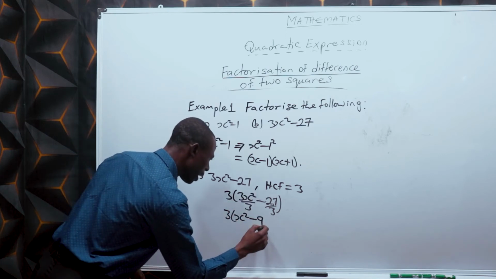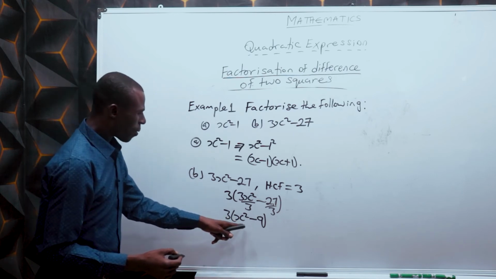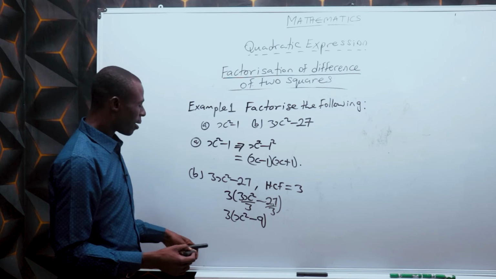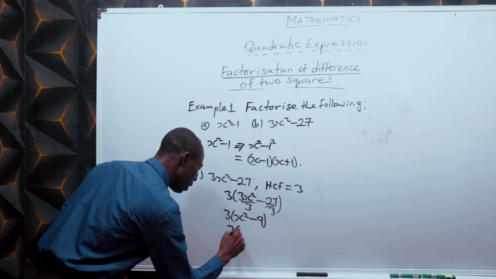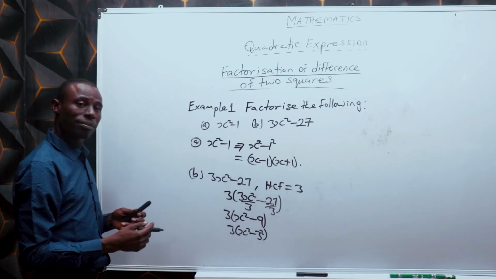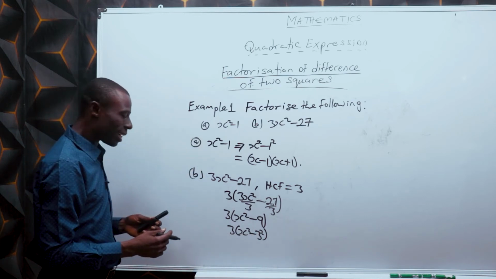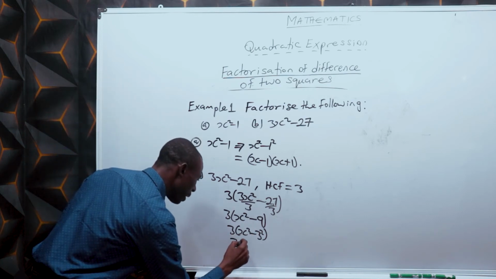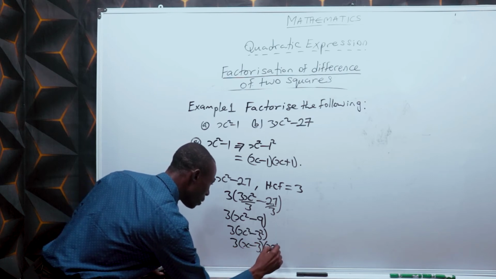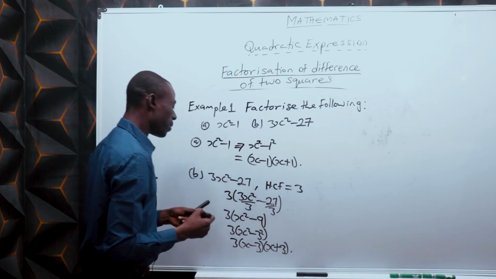That gives us 9. 3 into x squared minus 9 can now be interpreted as x squared minus 3 squared. Can you remember? And finally, you say 3 into x minus 3 into x plus 3. And that's the end of that.